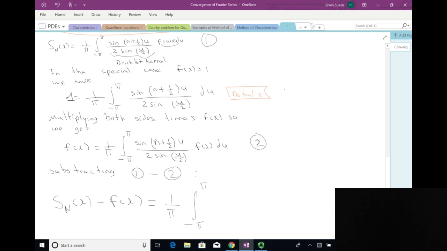Now these two guys are the same. The Dirichlet kernel is the same, right? So I can factor that one, sine of n plus 1/2 u divided by 2 sine of u divided by 2, right? And then I will get f of u plus x minus f of x dx.